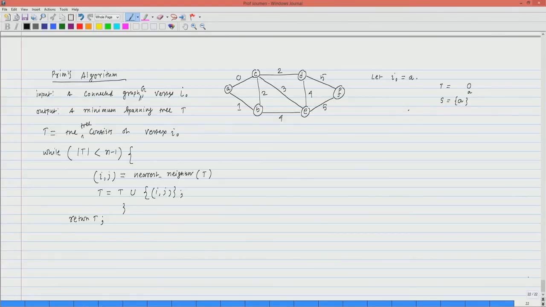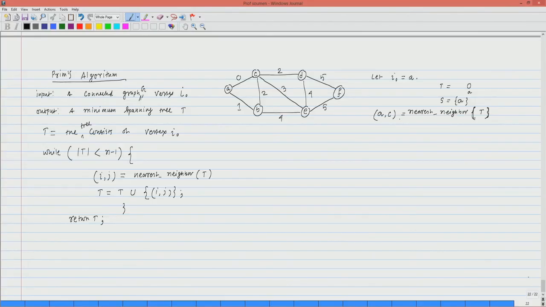So, the nearest neighbor of this T. At this moment T consists of only one vertex A. So, this is S and its nearest neighbor is C. So, the output of this operation is AC.